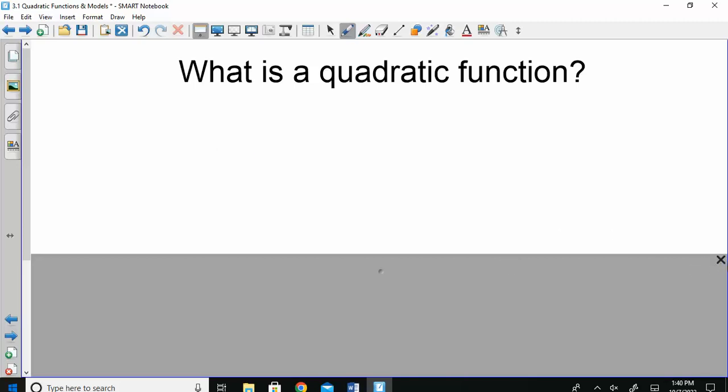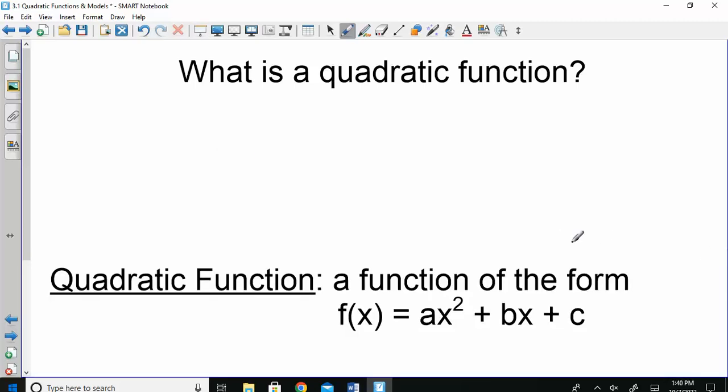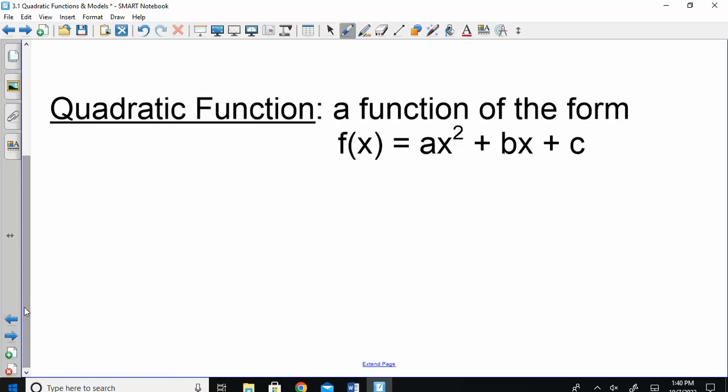So it's any function where you could write it as ax squared plus bx plus c. We've got some experience with those. We graphed transformations with our parabolas, so we know a little bit about those already.